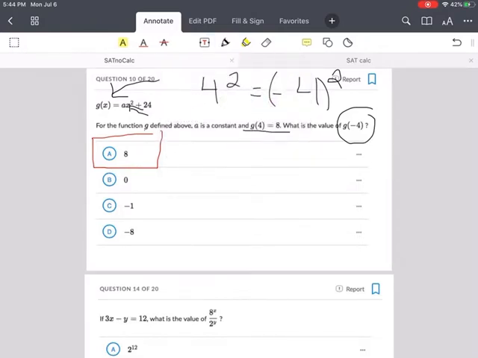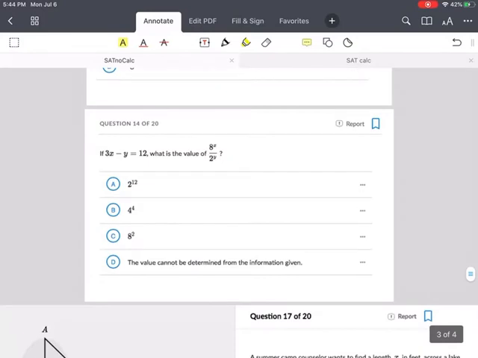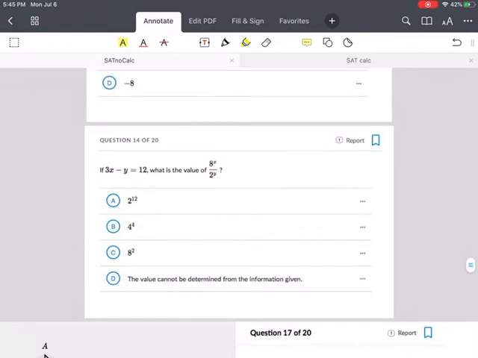Next question. If 3x minus y equals 12, what is the value of 8 to the power of x over 2 to the power of y? So this question probably seems pretty daunting at first, but if you think about it a bit, it's not that difficult to solve. 8 to the x over 2 to the y.